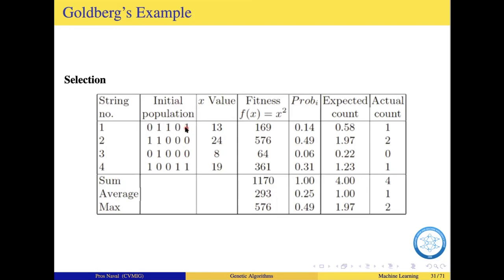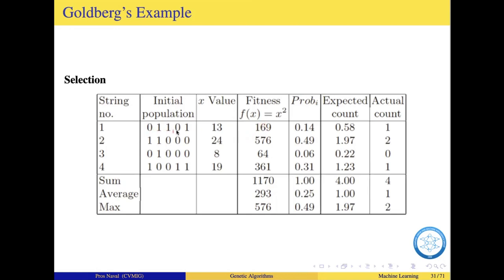So you have 5 genes, and similarly for all the rest. Now this actually is your genotype. Now your phenotype is captured by the fitness.